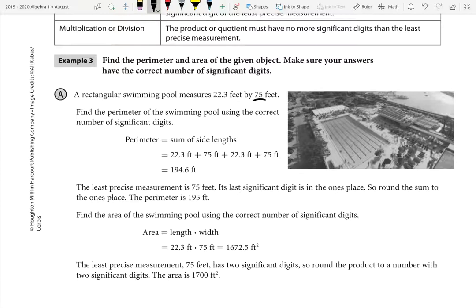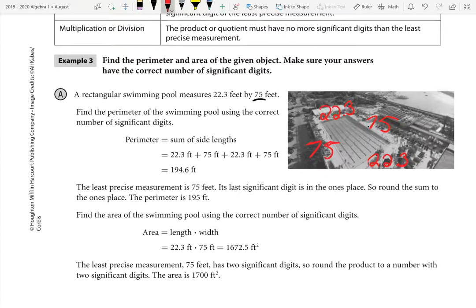Find the perimeter of the swimming pool using the correct number of significant digits. So remember, perimeter is adding up all 4 sides of the pool. So you'd add up, let me use red, this length, this length, this length, and this length. This side plus this side plus this side plus this side. You would add up your perimeter. So if we have a pool that measures 22.3 by 75, then this is 22.3, 75, and this side would also be 22.3, and then the other side would be 75.